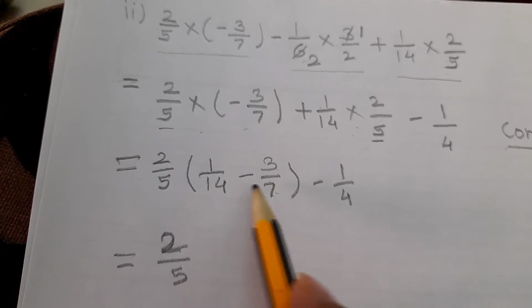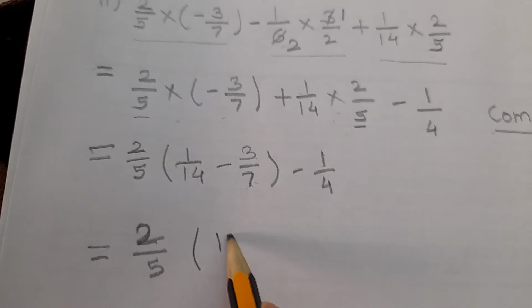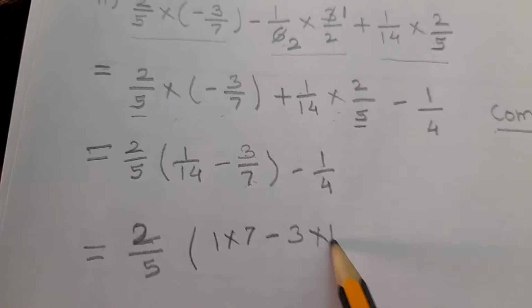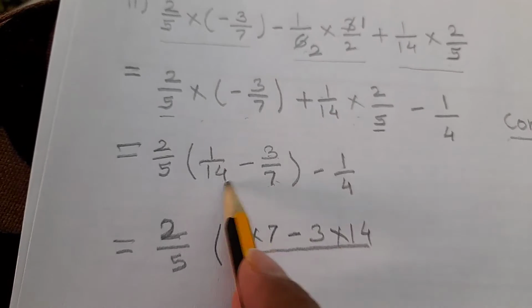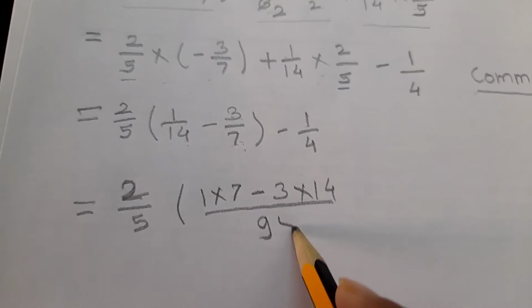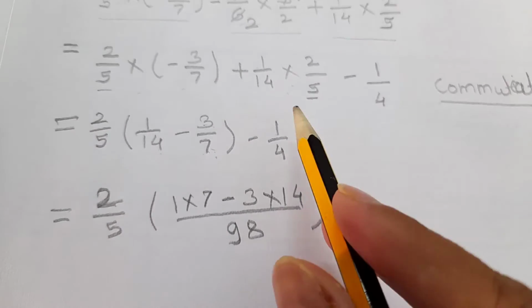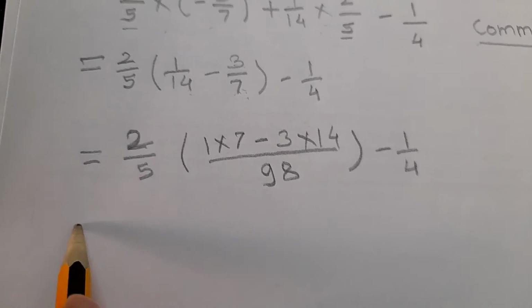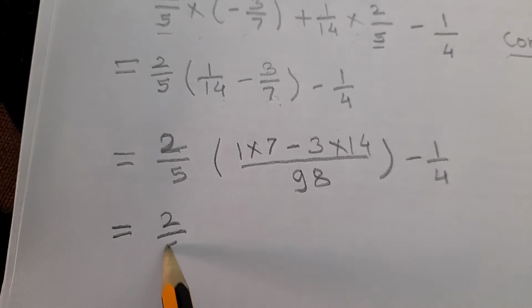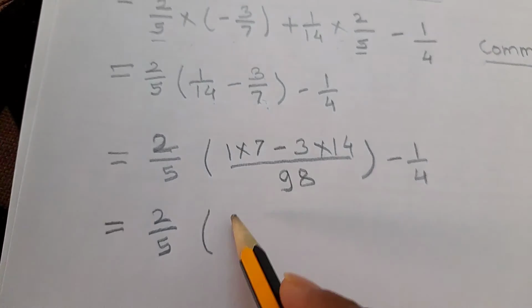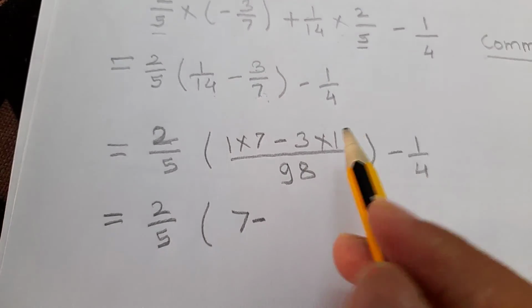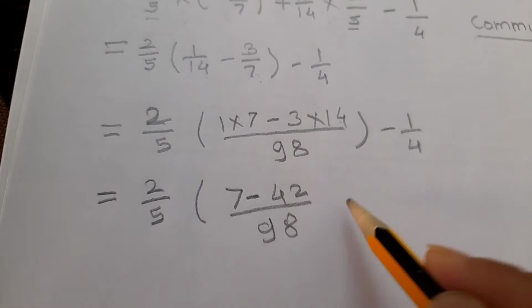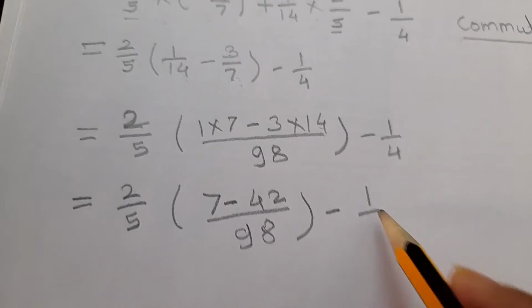We need to take the LCM here. 1 multiplied by 7 minus 3 multiplied by 14 upon 14 multiplied by 7, which is 98, minus 1 upon 4, 2 upon 5. 1 7 is 7, minus 3 14s are 42, and 98 in the denominator, minus 1 upon 4.